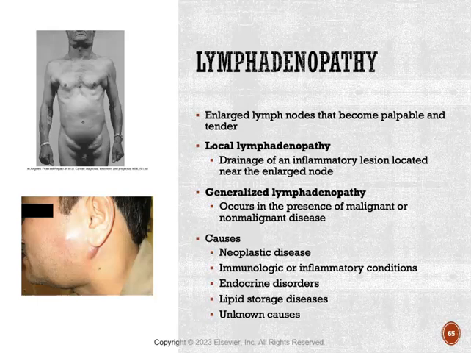Common causes of this could be neoplastic diseases like leukemia or lymphoma, immune disorders such as lupus, endocrine issues, lipid storage diseases, or even unknown factors. So when you see swollen lymph nodes like this, you want to assess the size, the tenderness, and the duration the lymph node has been enlarged and make notes of that. We also want to seek medical attention if this is quite prominent and has persisted.